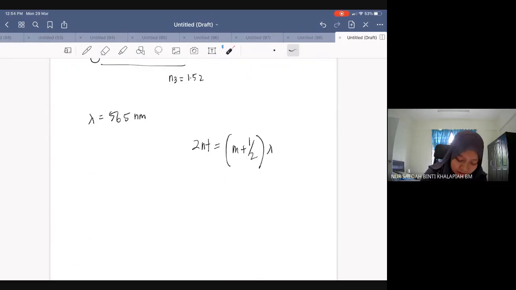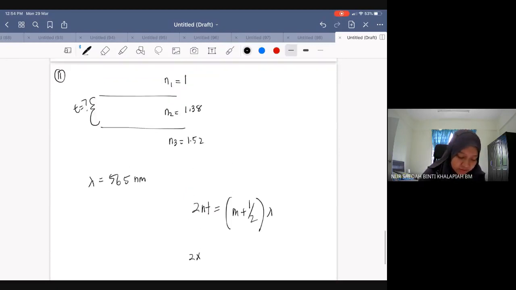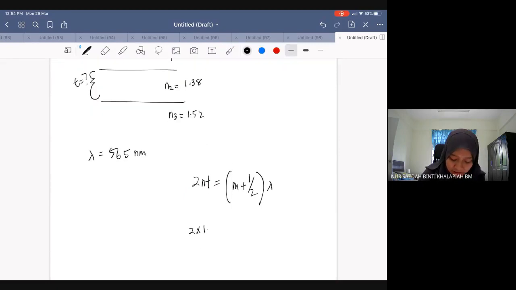Okay. So boleh masukkan nilai 2 darab number of refractive n dekat sini 1.38 darab thickness nak cari sama dengan m plus half lambda. So m. Soalan nombor 11 dia kata determine the minimum thickness. Okay, nak dapatkan minimum thickness, so m yang paling minimum lah sekali.